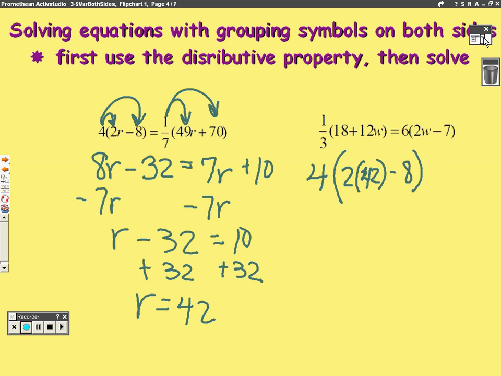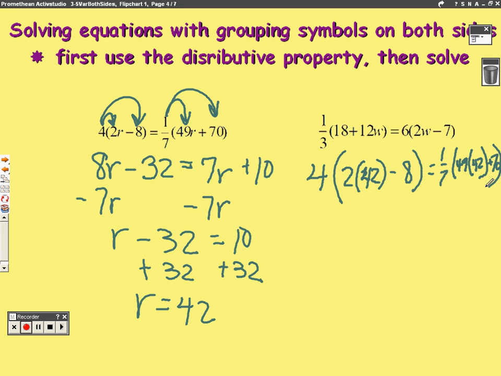Okay, equals plus 70. Okay, and if I work that out, it would end up being the correct answer, okay? But we're not going to take the time and do that now. You can do that on your own if you want.